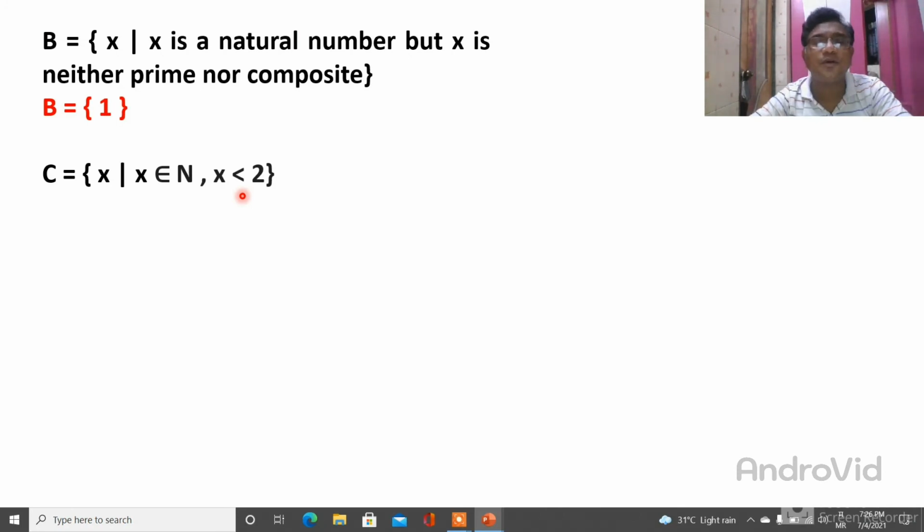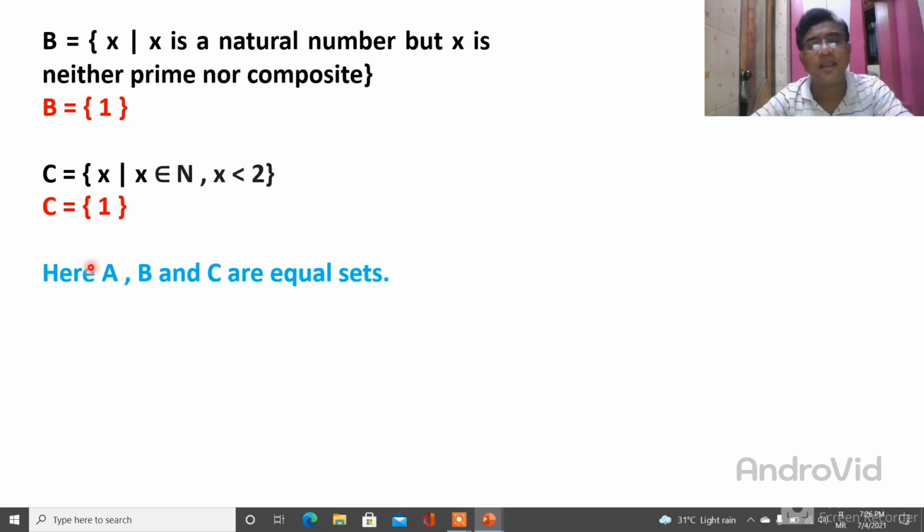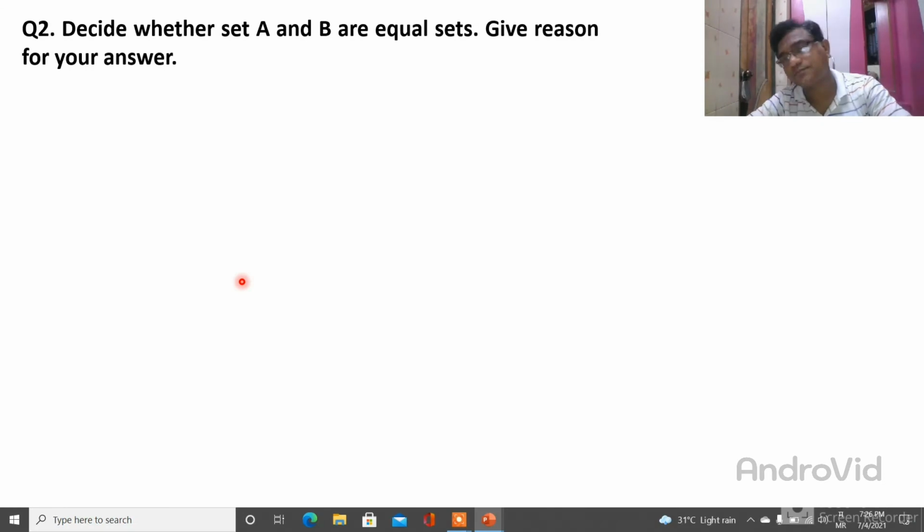So you want to find the natural number which is smaller than 2. So natural number which is smaller than 2 is 1. So here also you are getting 1. So A is equal to 1, B is equal to 1, C is equal to 1. So it is an equal set. Here A, B, C are equal sets because they are having only one element.